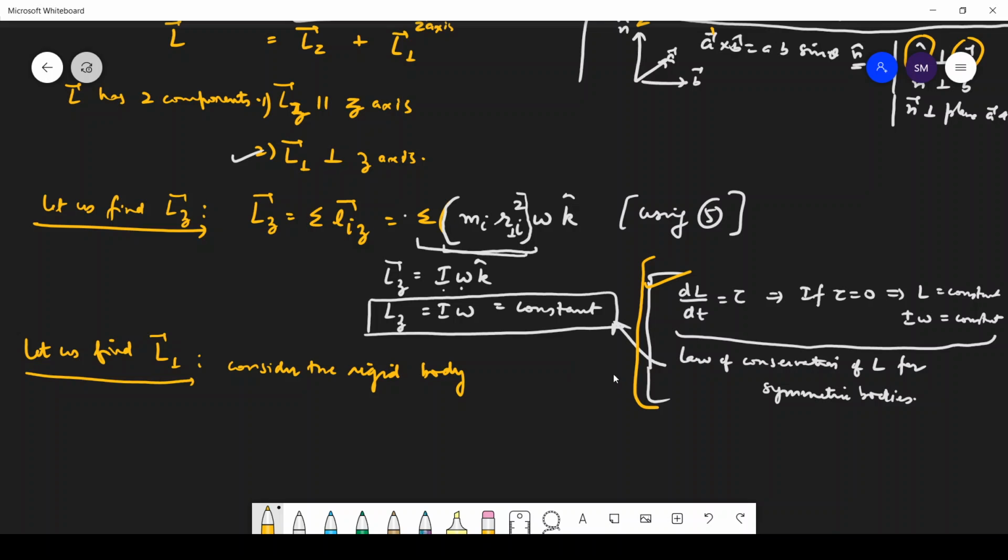This can only be possible if the rigid body is symmetric. And where is it symmetric? Consider the rigid body is symmetric about the axis of rotation.